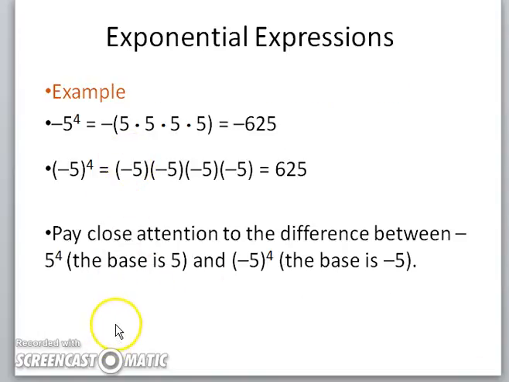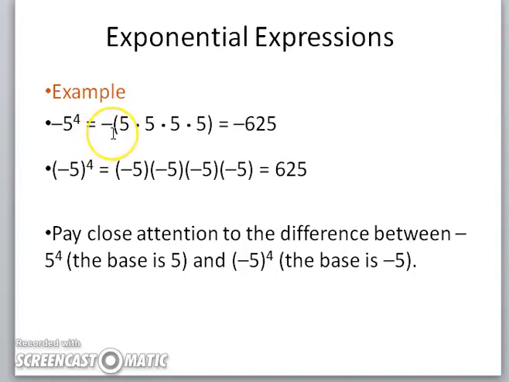Now here's a couple examples I want to show you because of the difference it can make with parentheses. Suppose you have an exponential expression and it's -5 to the fourth power. Notice there are no parentheses in this expression. Using the order of operations, we always apply the exponent first.